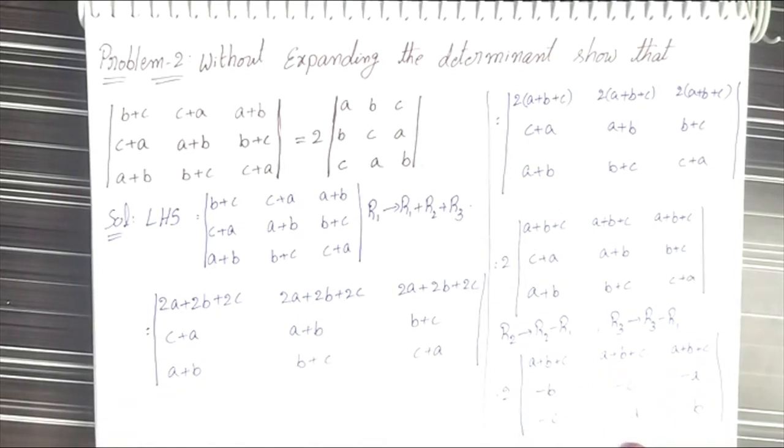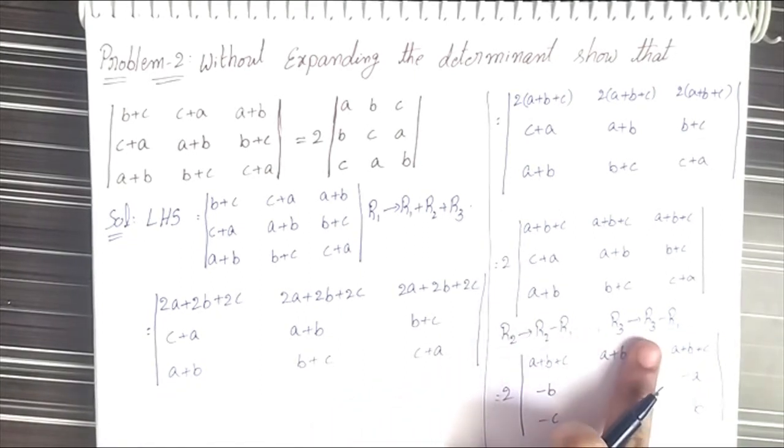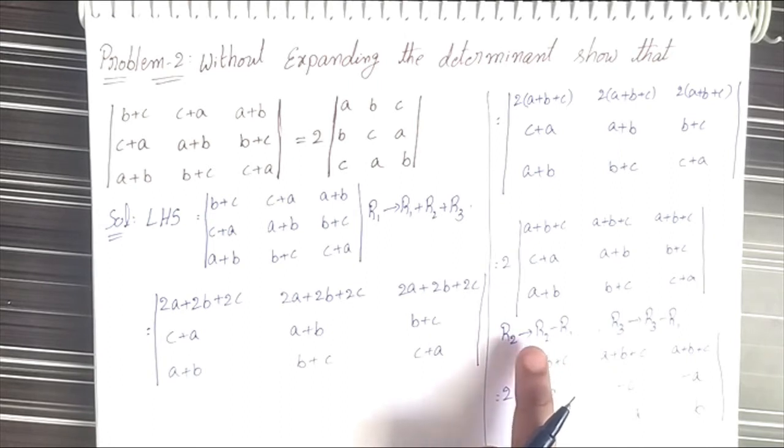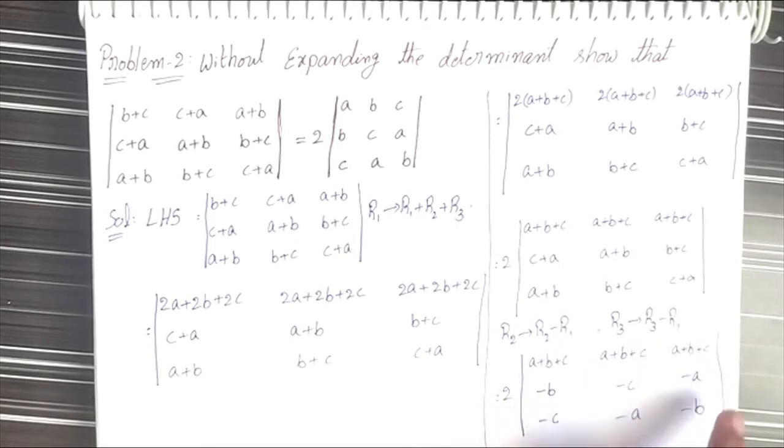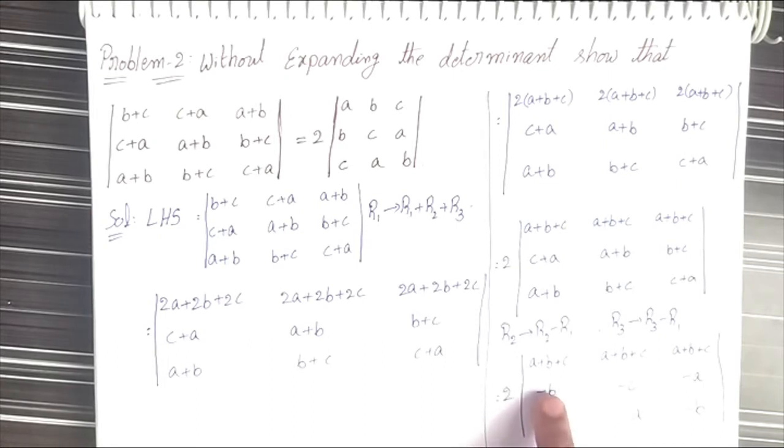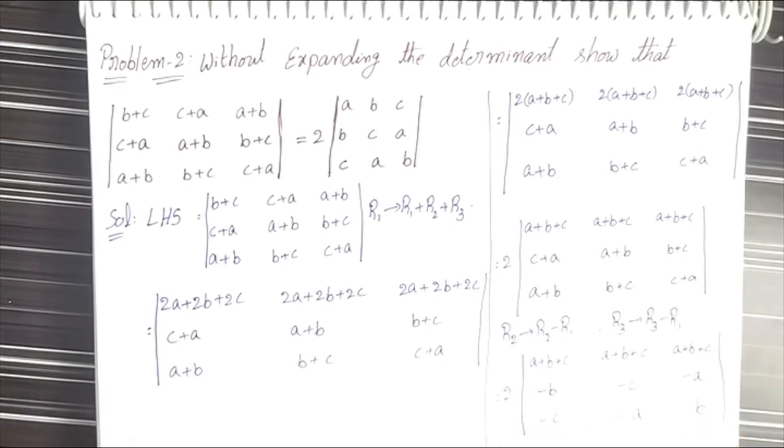After applying the operations R2 becomes R2 minus R1 and R3 becomes R3 minus R1, we take minus 1 common from the second row and minus 1 common from the third row.